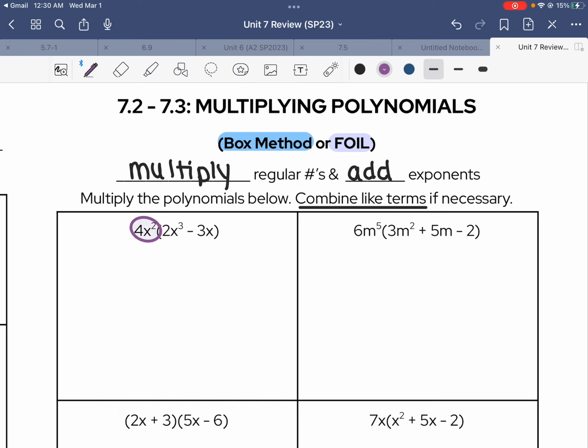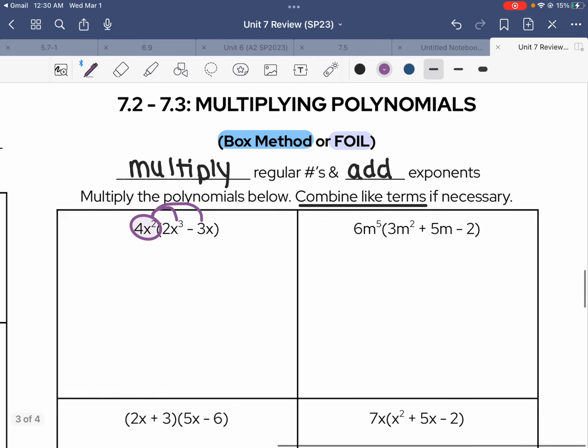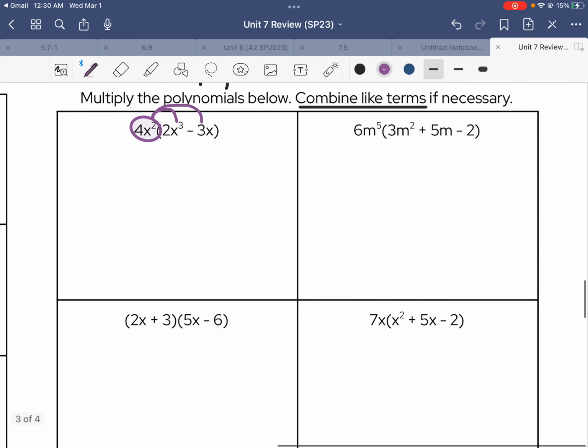So there's only one thing here. I would do what's called FOIL or distributing and multiply it to the other two. If there are two sets of parentheses, like the next one down, this would be a good idea to use the box method on. Now, 4 times 2 is 8.